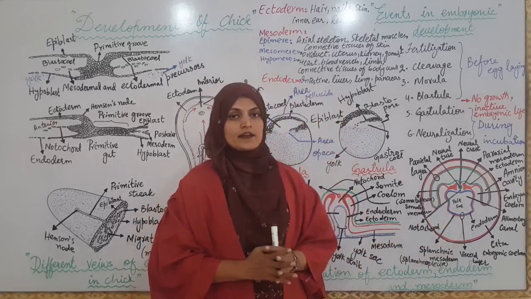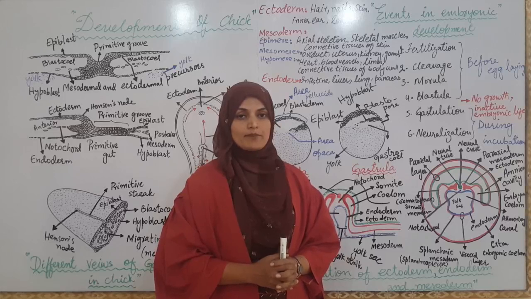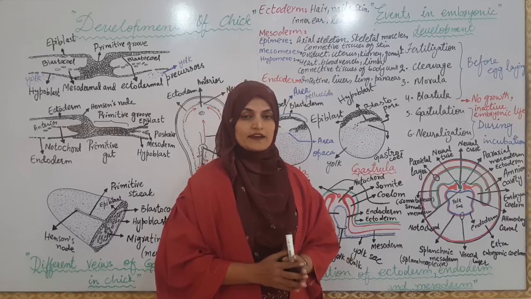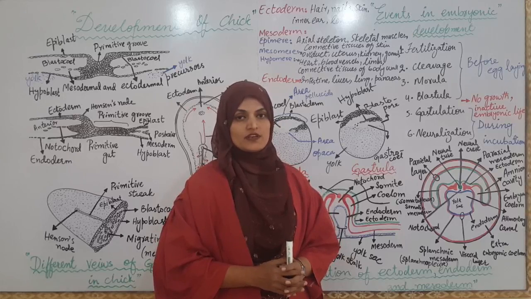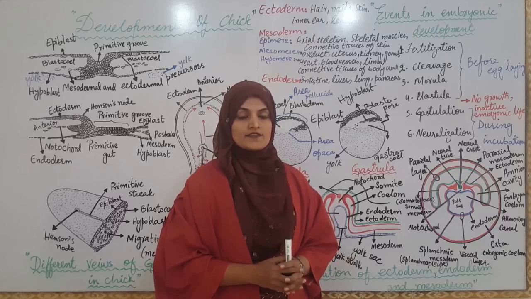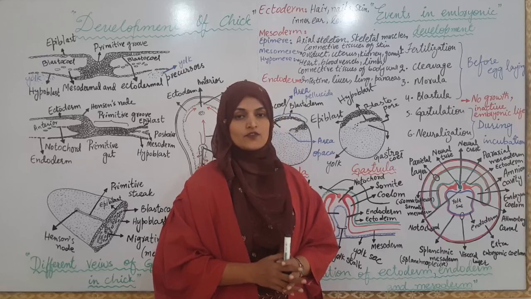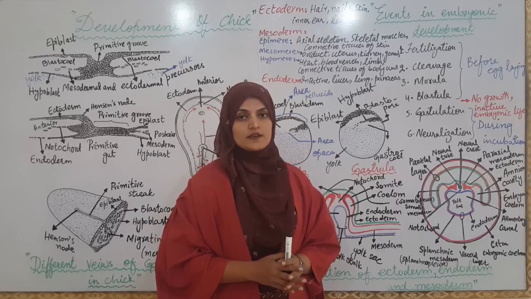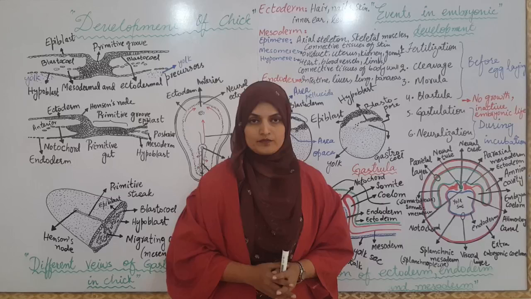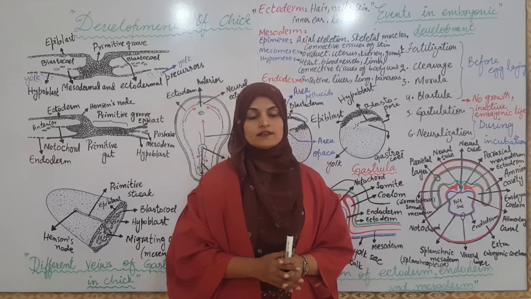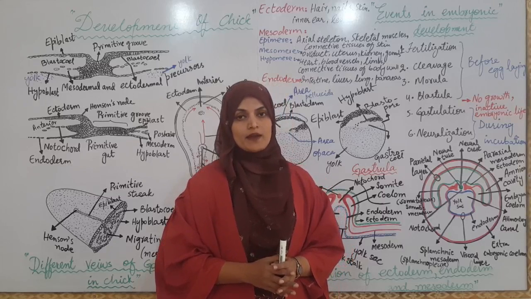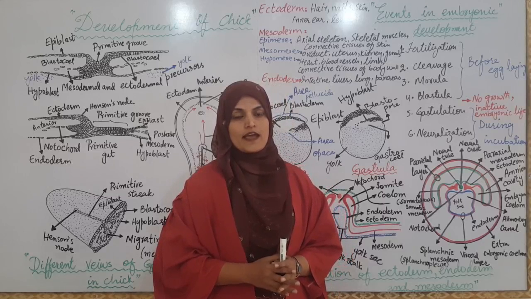While the remaining cells of the epiblast migrate through the primitive streak into the lateral side of the blastocoel, in the result of which mesoderm is formed, while the remaining part of the epiblast forms ectoderm.